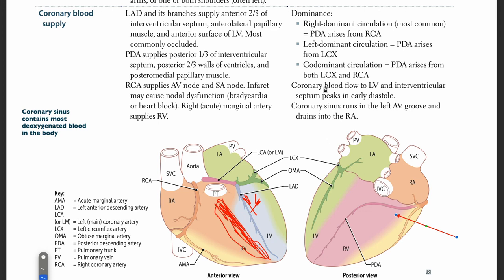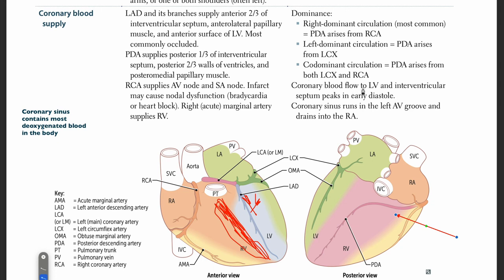And there's an increase in resistance because it's contracting as well, right? So that's why when it relaxes, in diastole in the ventricles, that's when the resistance decreases and the blood flows through the coronary vessels, right?